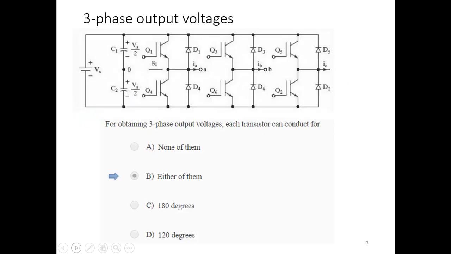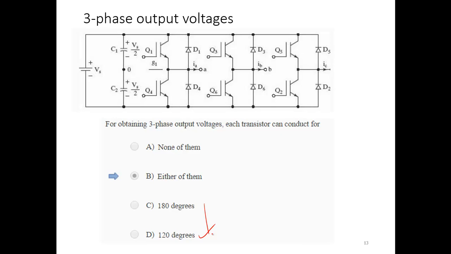Now for the three-phase inverter, each transistor will conduct for either 180 degrees or 120 degrees, depending on how you do it.